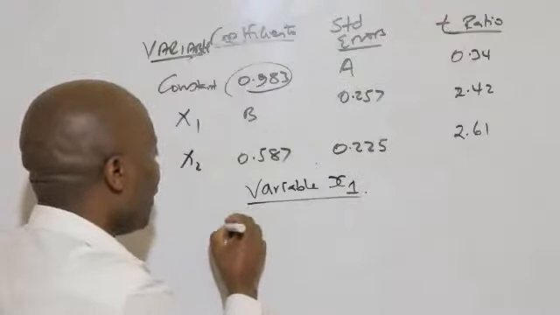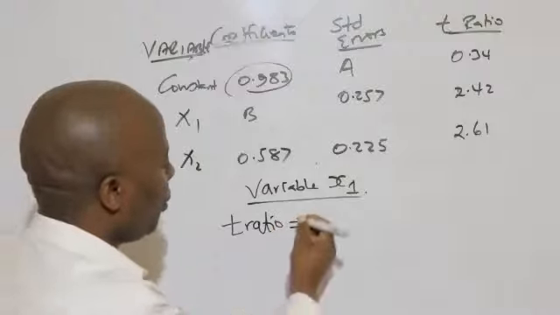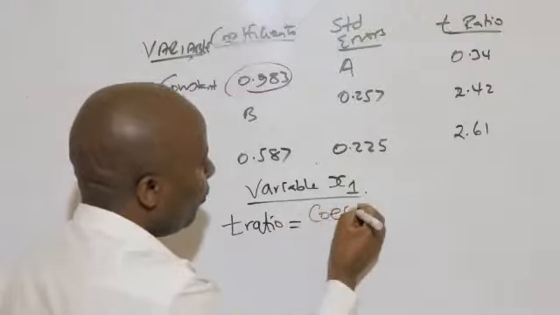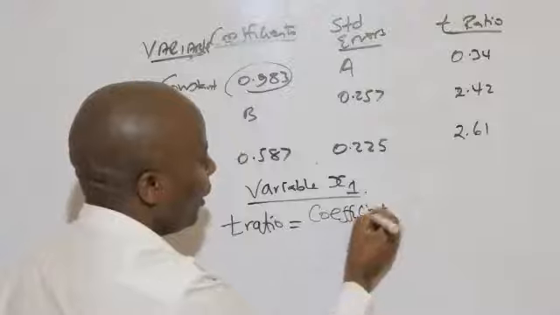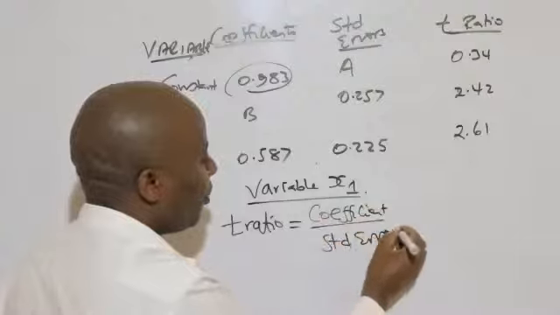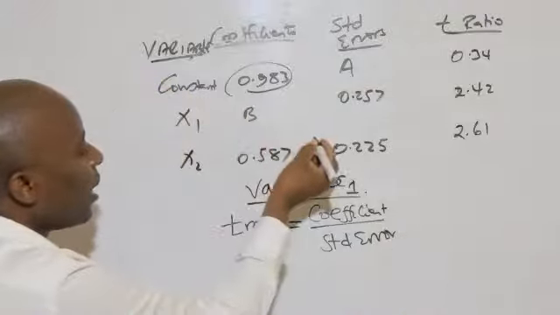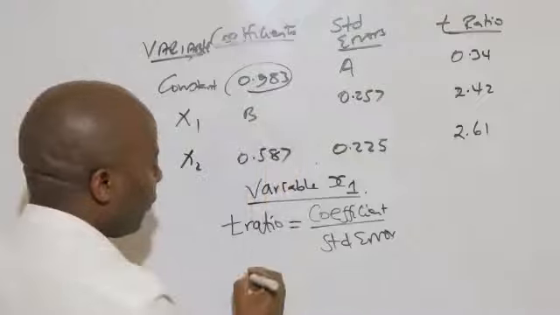We have our usual formula that our t ratio will be equal to its coefficient divided by the corresponding standard error. So for variable x1, the t ratio is 2.42.